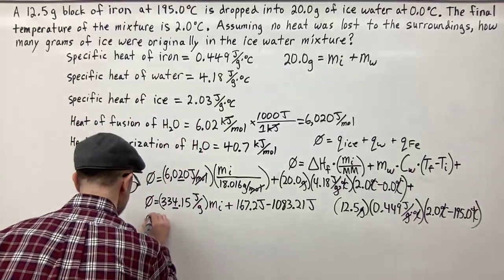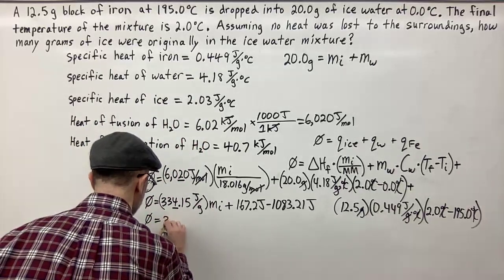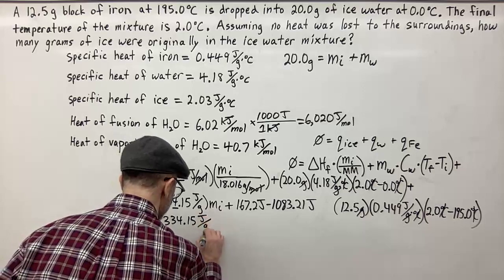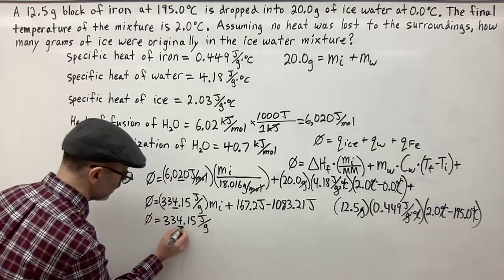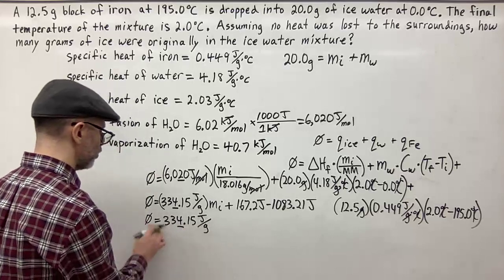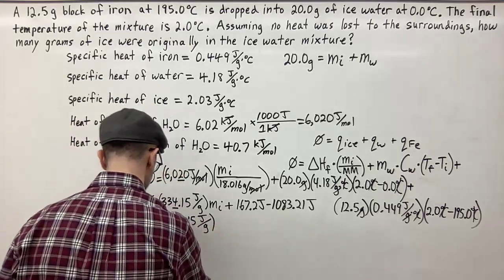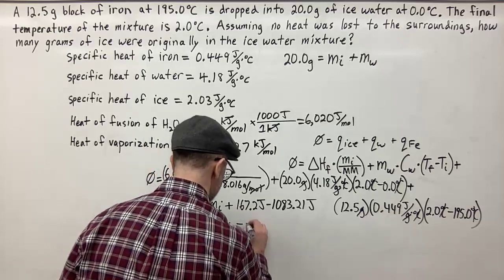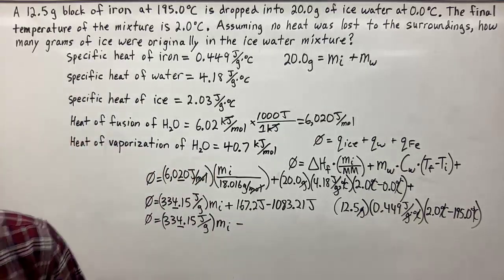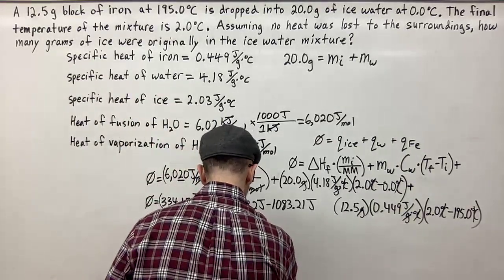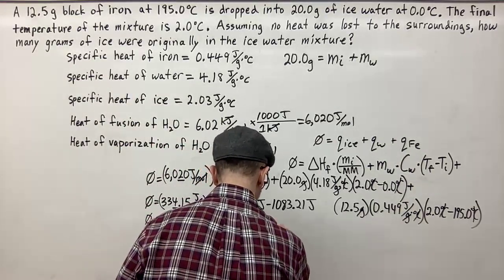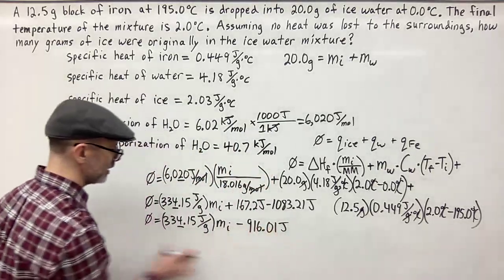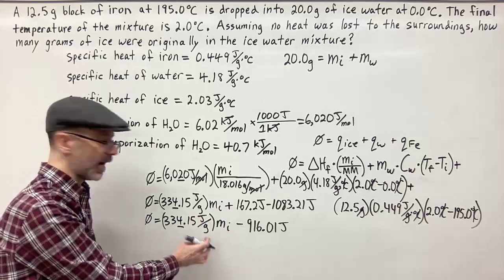So that's going to be 0 is equal to 334.15 joules per gram. Again, this sig fig is the last sig fig, so 3 sig figs, multiplied by the mass of the ice. And then this is going to be negative, what did I say? 916.01 joules. Then I'm going to bring this over to this side because I want to get the mass of the ice by itself.